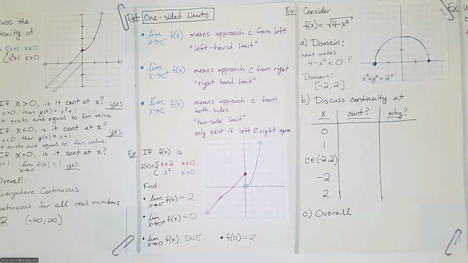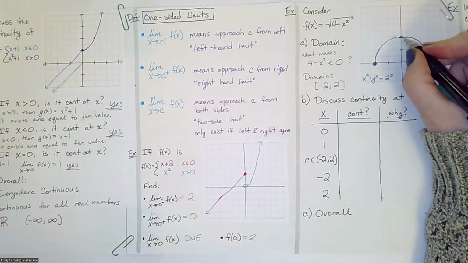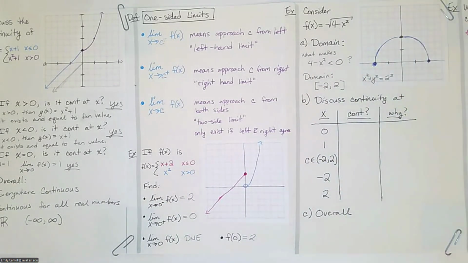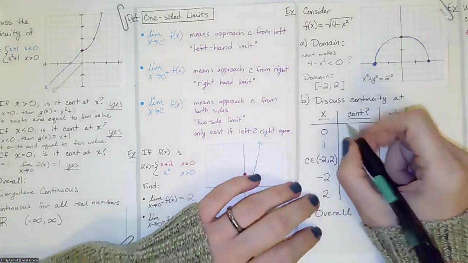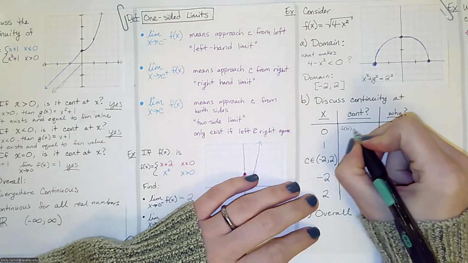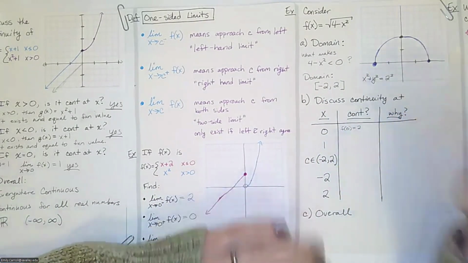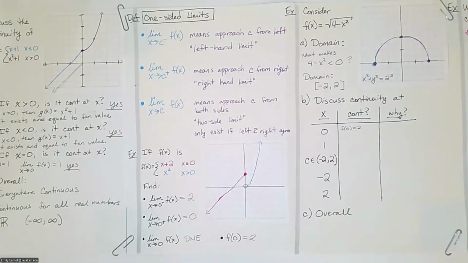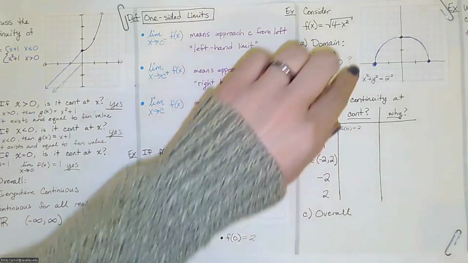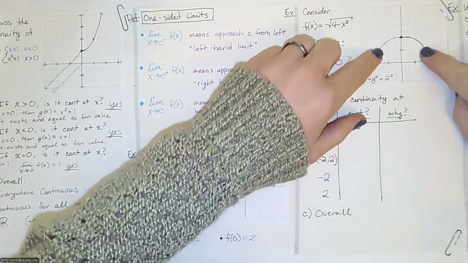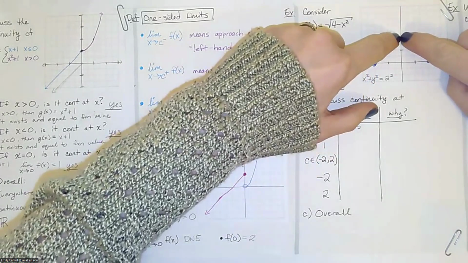So now let's discuss continuity in a couple different spots. How about at 0? The function value at 0 is going to be 2. And near 0, if we picture approaching from the left and from the right, it goes like this, and they meet up right there.